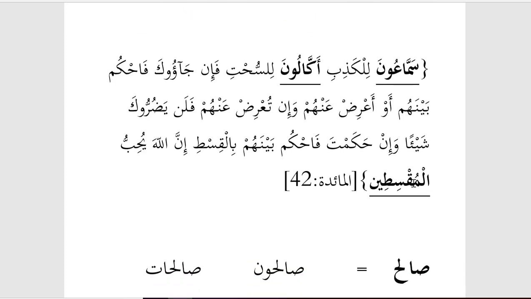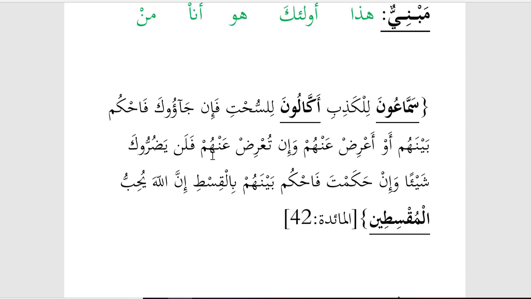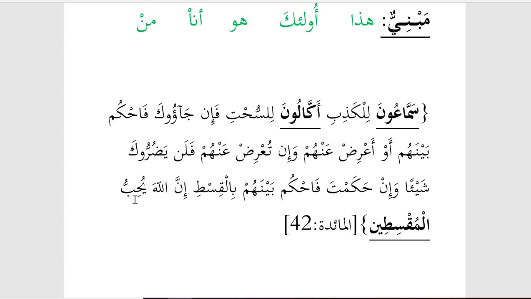When we come down to the bottom of the ayat, it says, Inna Allah yuhibbu, Allah loves the muqsitin. Muqsitin, again, we have the meem with a dhamma. Now, what I want you to notice is that here we don't have a waw and a noon. Here we have a ya and a noon.